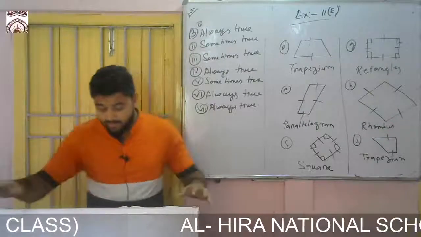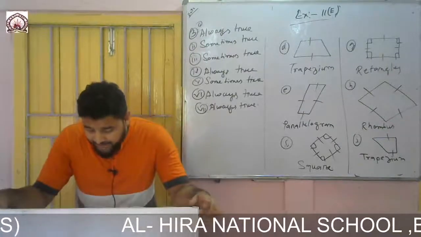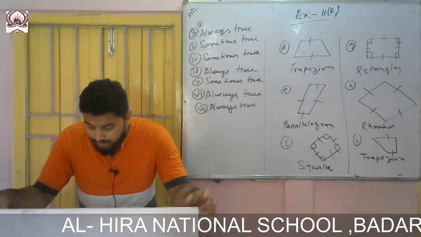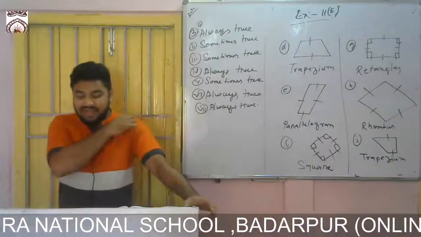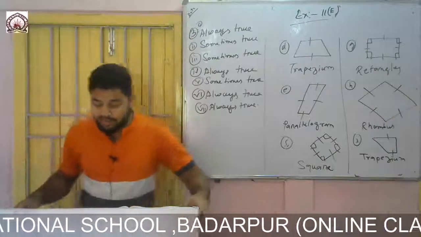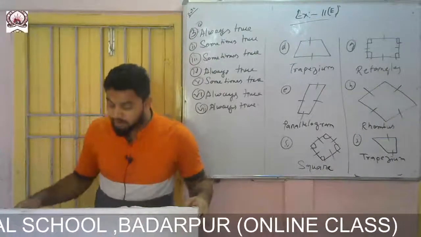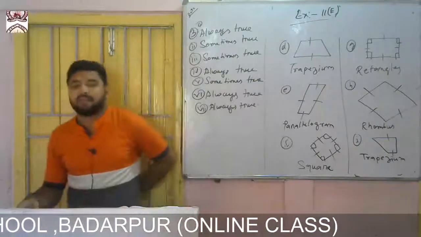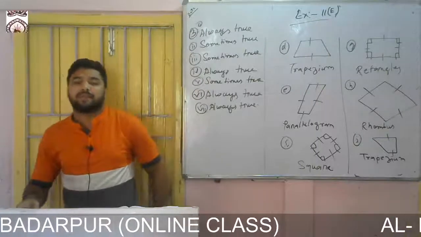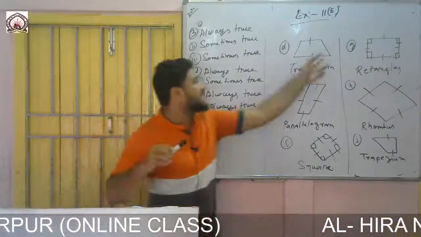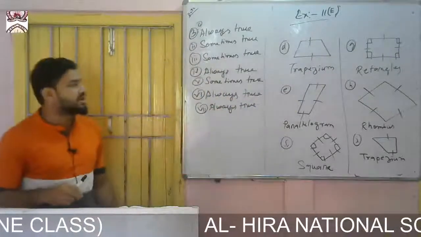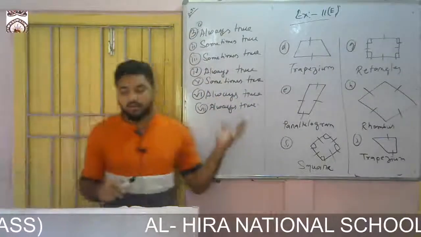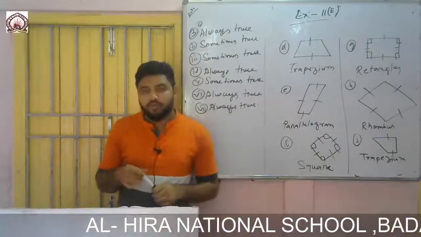Now, 4-sided plane figures are parallelograms. Yes, it is sometimes. Why sometimes? Because a 4-sided plane figure is a trapezium also, and a trapezium is not a parallelogram. So it is not true all the time.